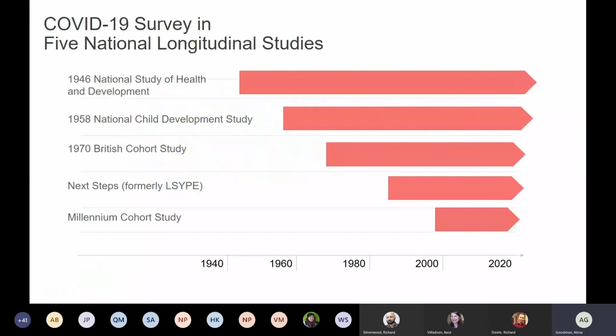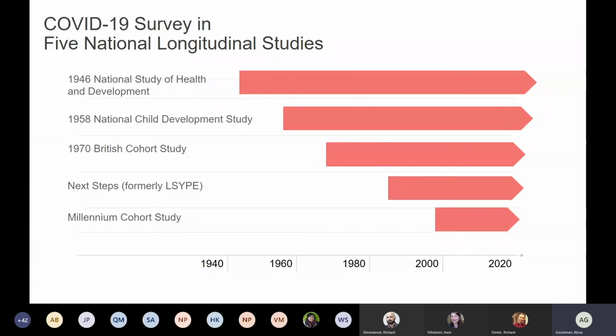So the lower 4 on this chart are the 4 that we run here at the Centre for Longitudinal Studies, the 1958 National Child Development Study, the 1970 British Cohort Study, Next Steps, and the Millennium Cohort Study. And we've also been working in close collaboration with our UCL colleagues at the MRC Unit for Lifelong Health and Ageing, who run the 1946 Cohort Study, the National Study of Health and Development.